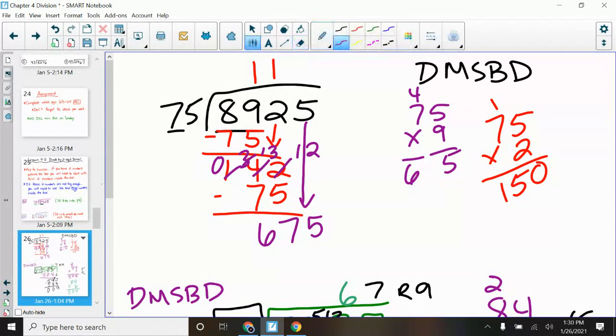Sorry. 675. So how many will fit in? 9. And because I didn't erase my work, I know 9 times 75 is 675. When I subtract, does this number have a remainder? No. So 119 is your answer. You got it.